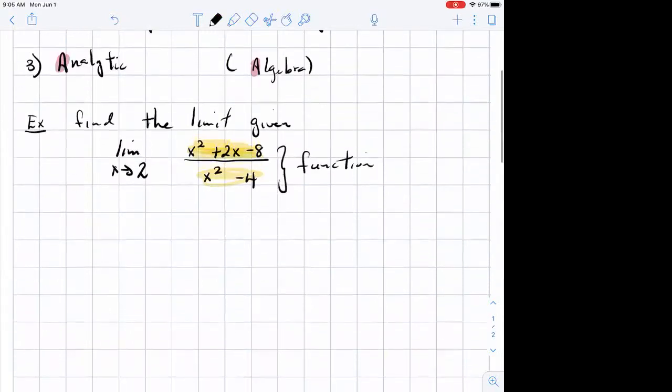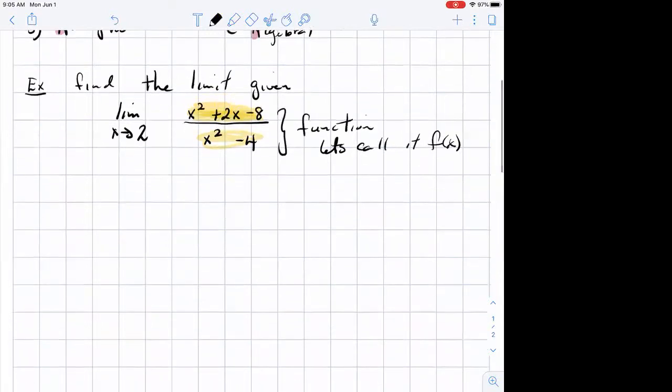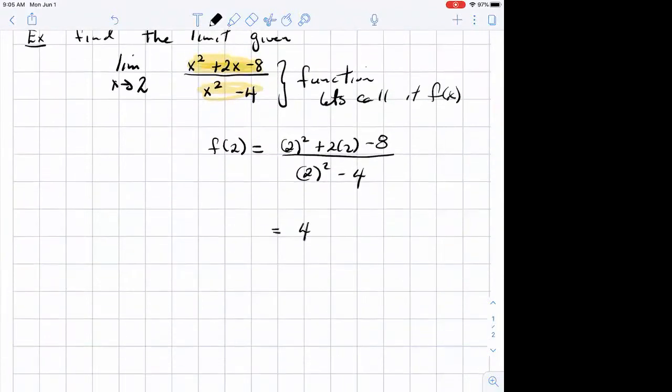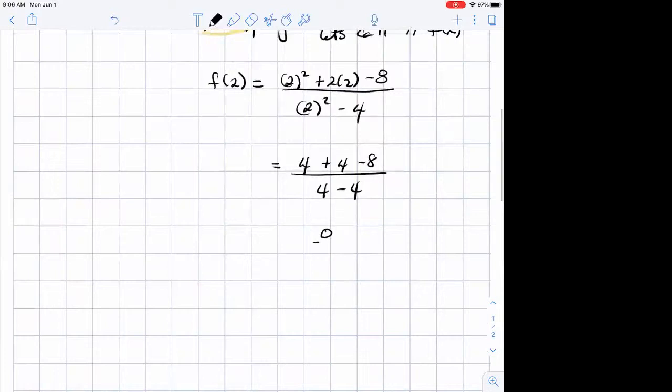So if I ask you what is f of 2, f of 2 would be 2 squared plus 2 times 2 minus 8 over 2 squared minus 4. And if you do that, you'll get 4 plus 4 minus 8 over 4 minus 4, which is 0 over 0.